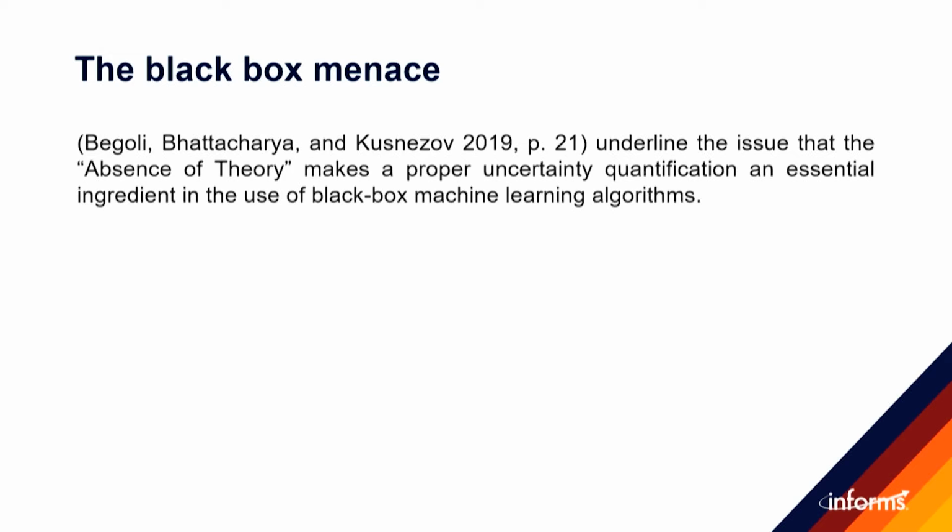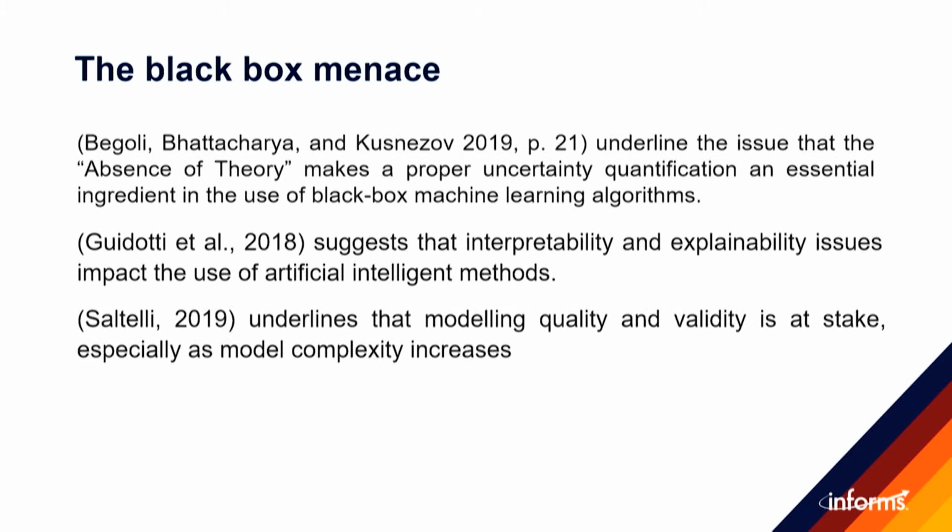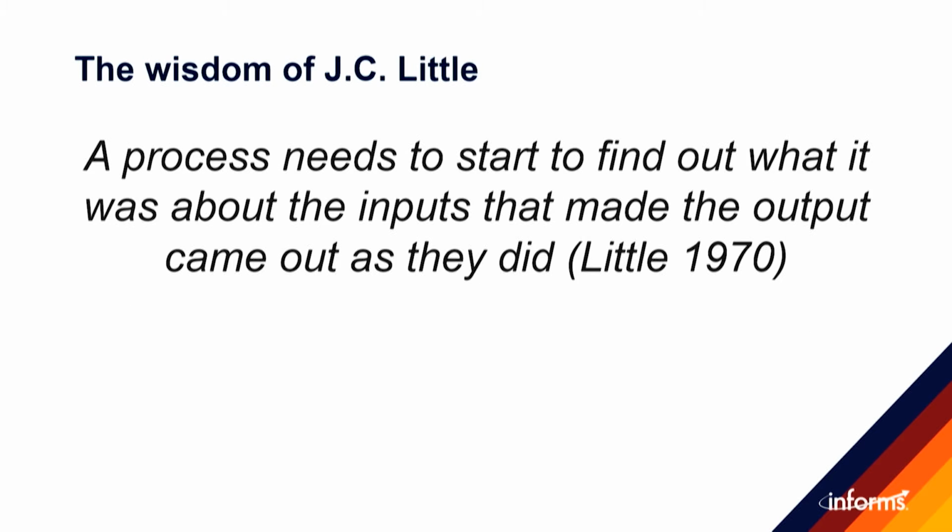And then you need to do uncertainty quantification and robustness analysis as essential steps if you want to validate or have a valid model to be used. The same is in a review by Guidotti and others in 2018, and also Saltelli in a paper in Nature Communications highlights the importance of using sensitivity analysis, especially when the complexity of the models increases.